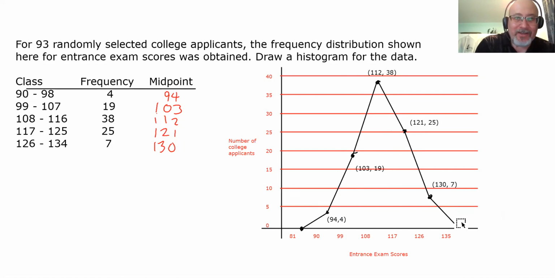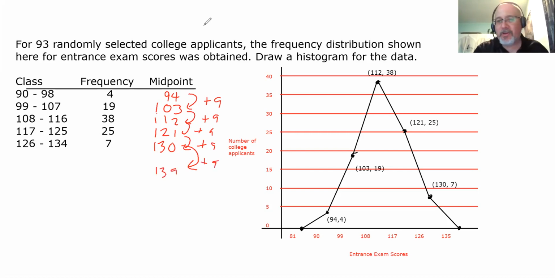Well, the one at the end is what we would get if we continued the midpoint pattern forward. And if you notice, these are all going up by 9, which happens to be the class width as well. So if we continue that +9 pattern, the next midpoint would be 139. So we can now label this last point as 139, 0.